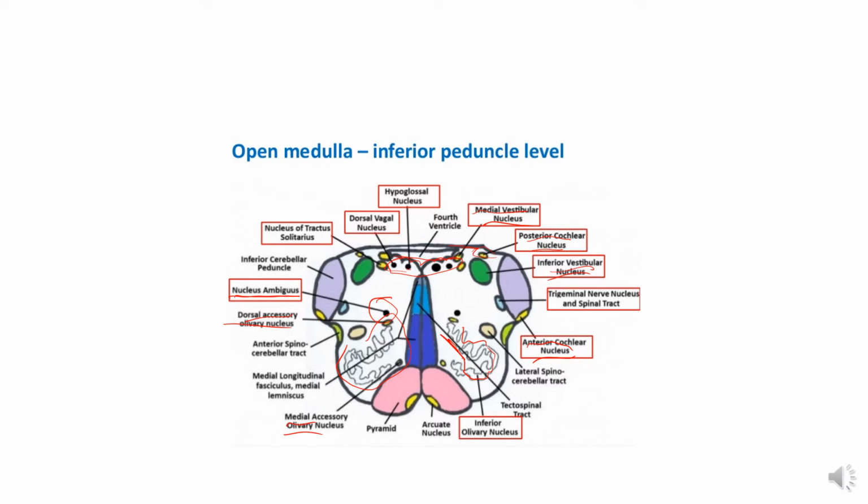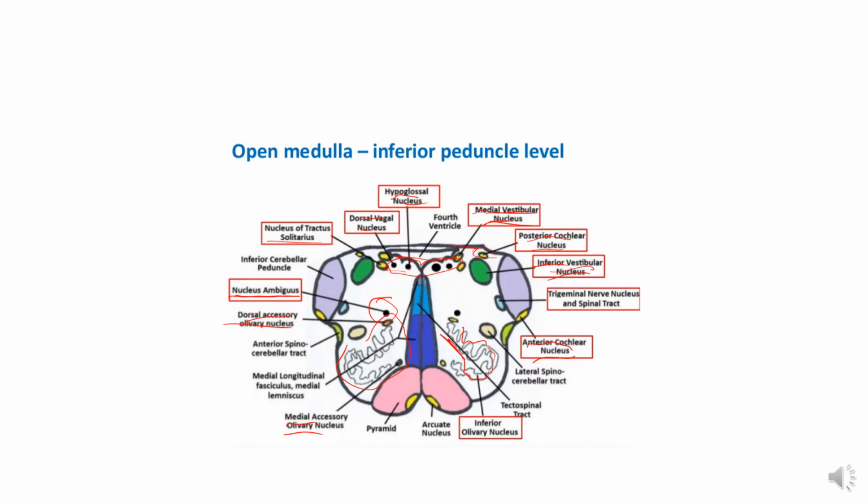The nucleus ambiguus referred to above has become deeply placed within the reticular formation. Here you can see them lying in the floor of the fourth ventricle.